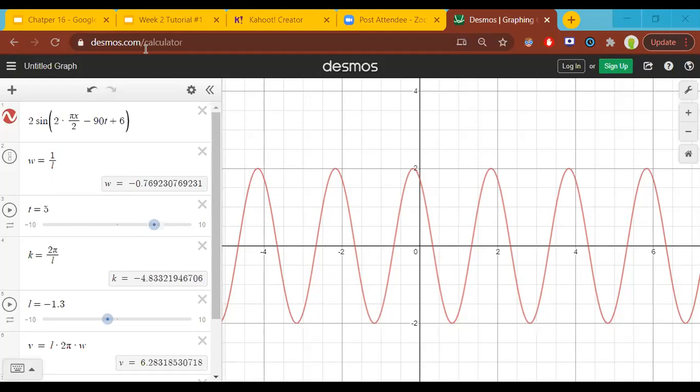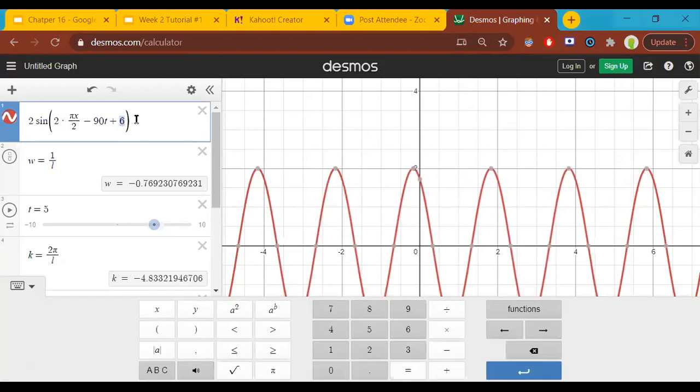Wait, is the phase shift read on the y-axis or the x-axis? So the phase shift, both, because the phase shift essentially constitutes a horizontal shift along the x-axis.